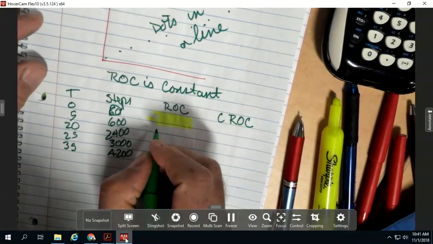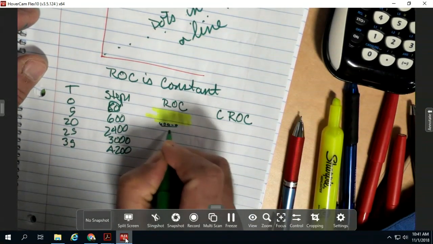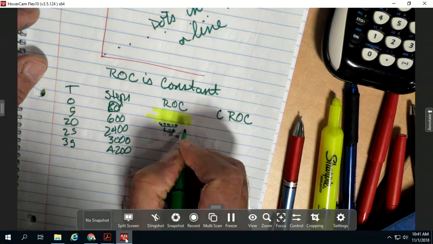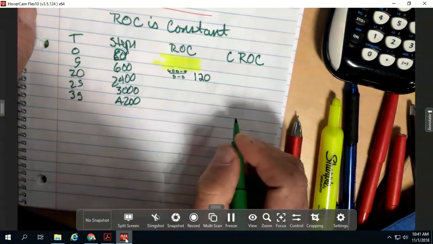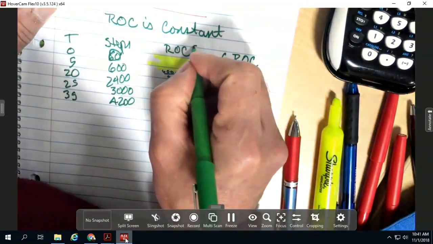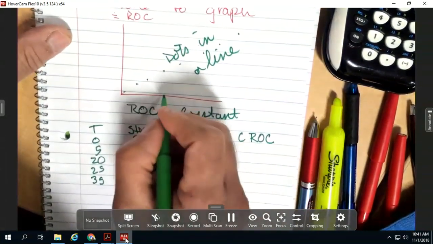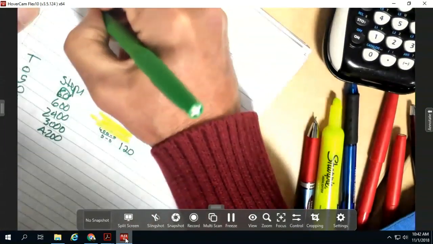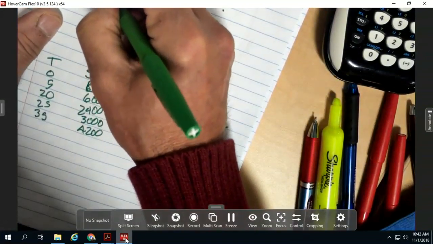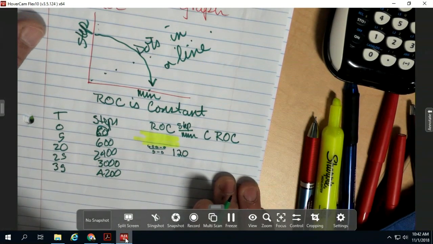So for the second one, we would take 600 minus 0 over 5 minus 0, and we get 120 steps per minute. And you can find that by the graph also. This will be the minutes, and this will be the number of steps. So you can always take the y-axis thing over the x-axis thing, and that'll give you the slope also.